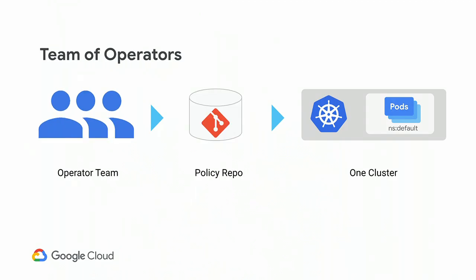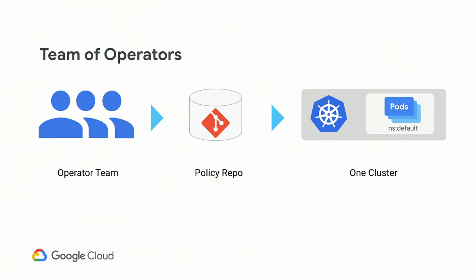But quickly it gets a little bit more complicated. When you bring in a team of operators, when you have multiple people responsible for managing a Kubernetes environment, you can't just have a local set of files, and you can't have people pushing them from their command line because you can step on each other's toes. One person might be writing over somebody else's stuff. That's where we think a repository is a really useful tool.